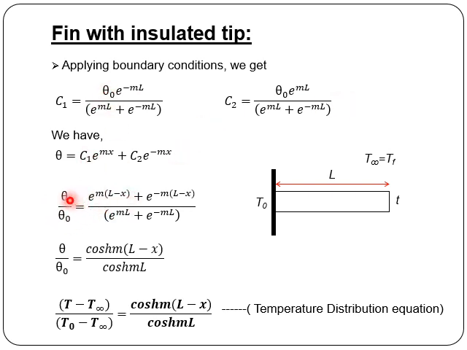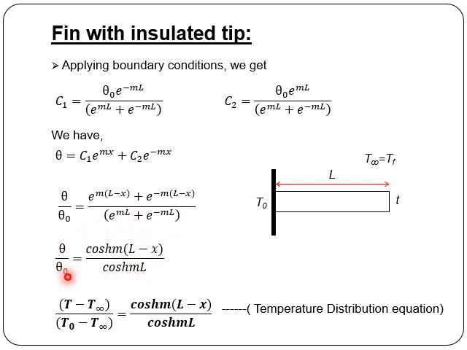So I get an expression for θ/θ0 as (e^(m(L-x)) + e^(-m(L-x))) divided by (e^(ml) + e^(-ml)). Then using simple mathematics, (e^(m(L-x)) + e^(-m(L-x)))/2 is equal to cosh of m(L-x). Similarly, (e^(ml) + e^(-ml))/2 is cosh of ml.